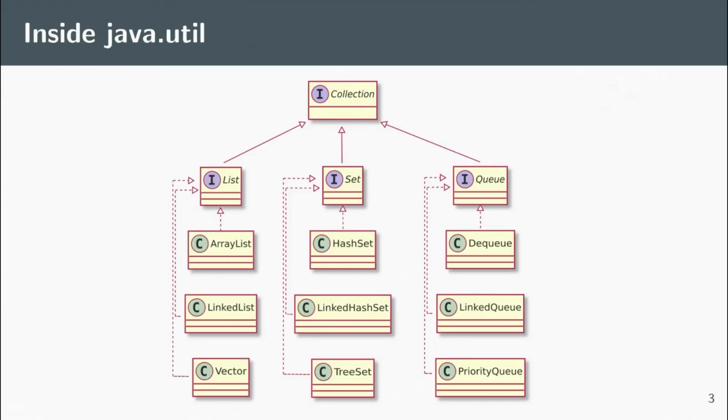Besides lists, there are other types of collections in the standard library, and all of those are defined within the package called java.util. Here are just a few of them. Lists we've already seen. There's also sets, queues, there's also stacks and other things, which are standard data structures that you know from algorithms.